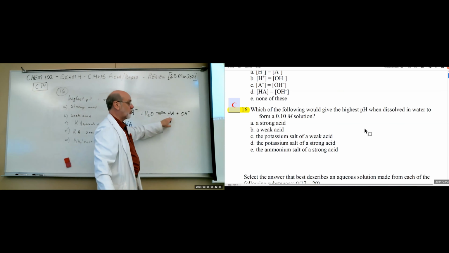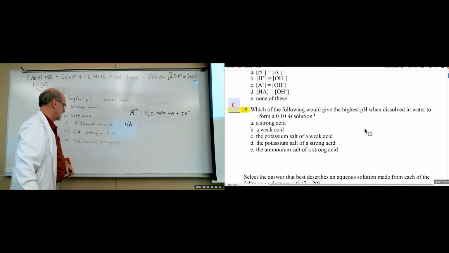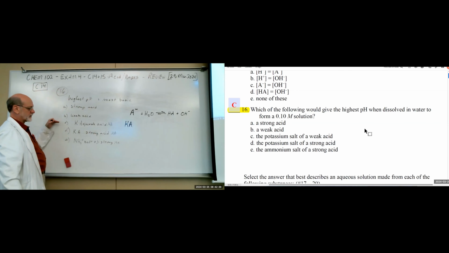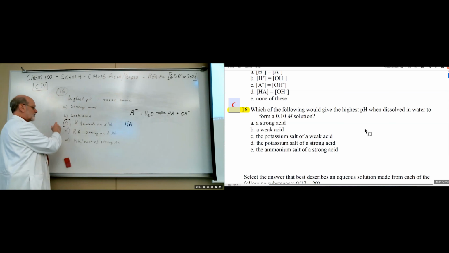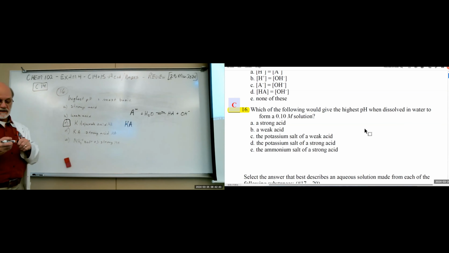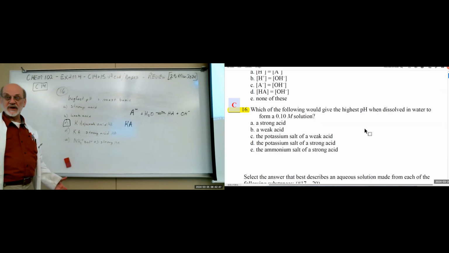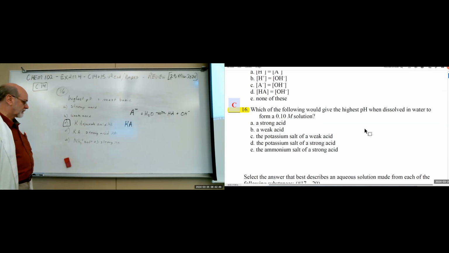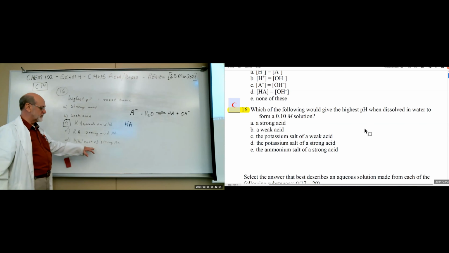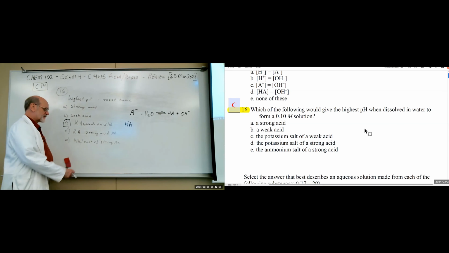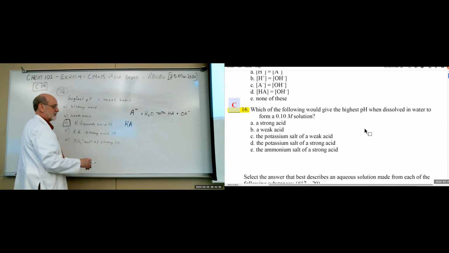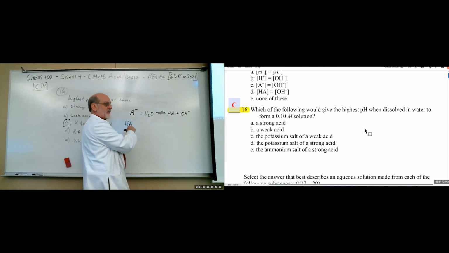So this has to be a weak acid to make the strong base. All right, so the potassium salt of a weak acid is the one that would give the very highest pH or most basic solution. If we had ammonium salt of a strong acid, that's still the strong acid would give us a weak base.